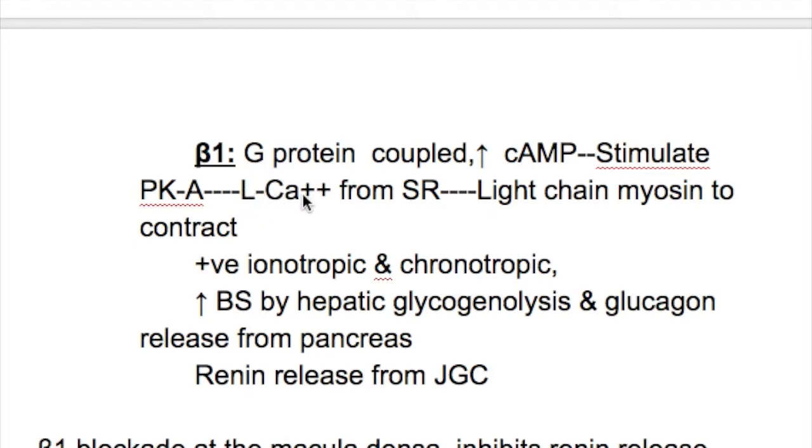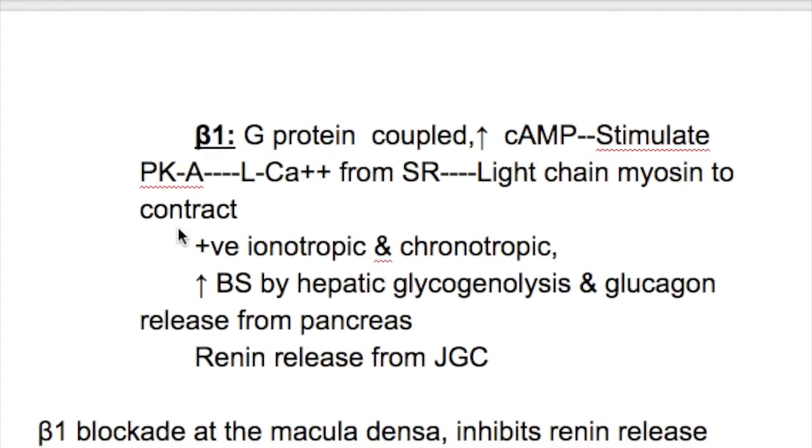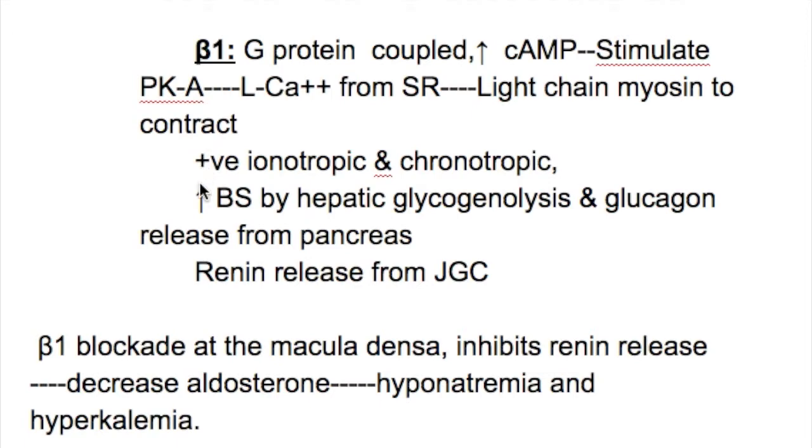It opens the L type calcium channels from the sarcoplasmic reticulum. And calcium is required for muscle contraction, and that stimulates the light chain myosin to contract. Beta 1 stimulation is positive inotropic and positive chronotropic.